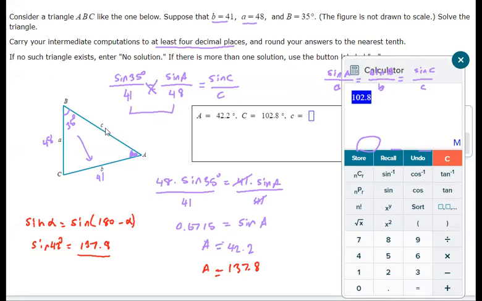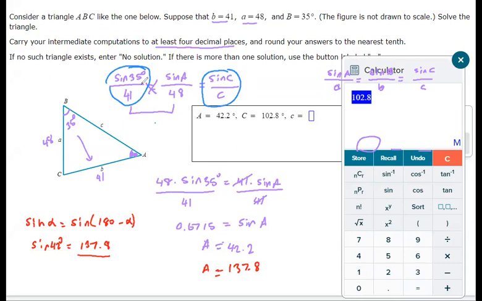But how do I deal with that now? We can just do the law of sine that we start with, and choose a different fraction part. Since we know this fraction, and this is what we want, because C is what we are looking for, we can take those two.